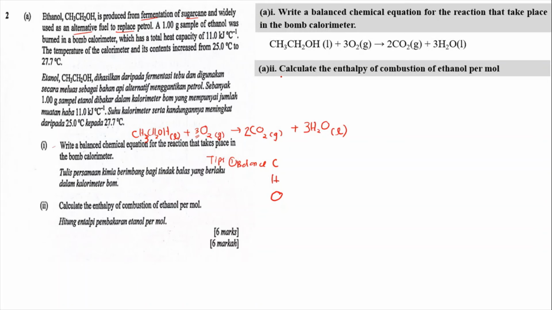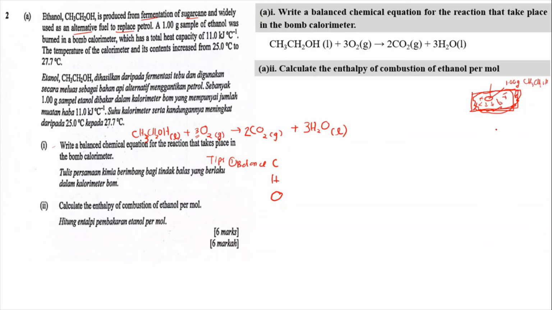And now we need to find the enthalpy of the combustion of ethanol per mole. Okay, dan kamu tahu pembakaran itu berlaku dalam calorimeter, bomb calorimeter. And then what is being burned is 1 gram of the sample of the ethanol. Okay, so when a sample is burned in excess oxygen, the heat released by the reaction is going to be absorbed by the calorimeter.